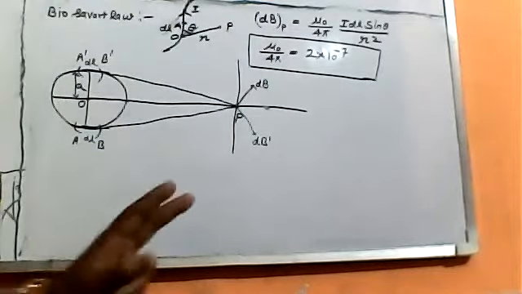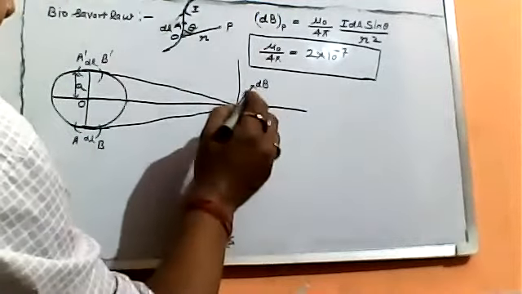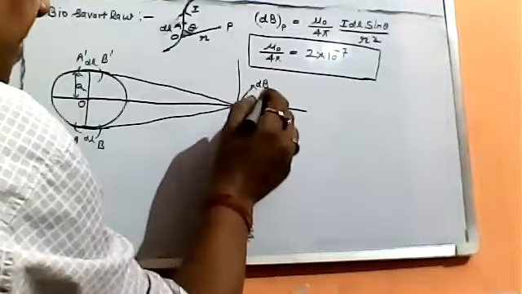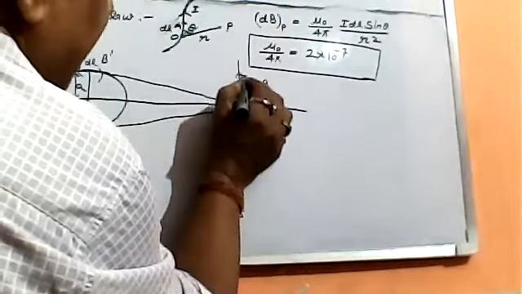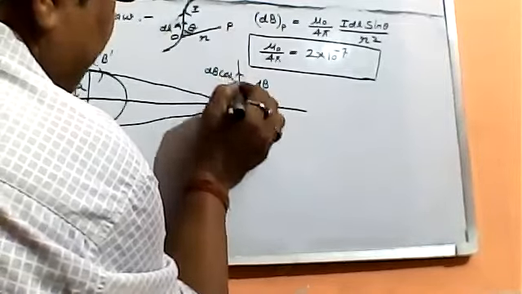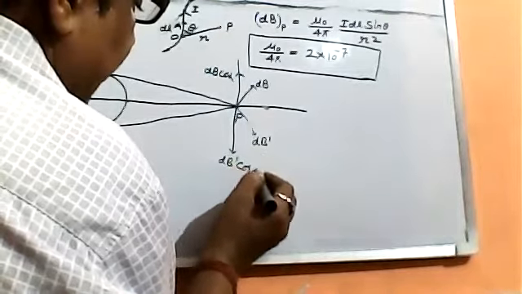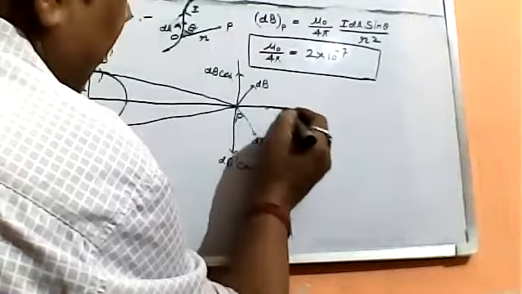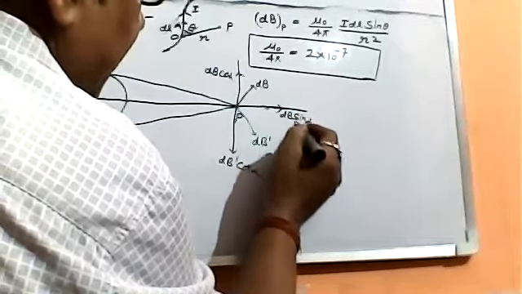Now you will see here that this dB cos component gets cancelled and dB sin component gets added. dB cos alpha, dB cos alpha, both are in opposite directions, dB and dB dash here, but dB sin alpha and dB dash sin alpha act on the same line.